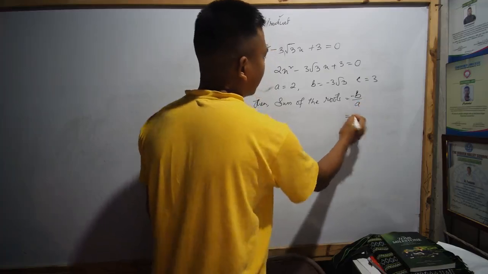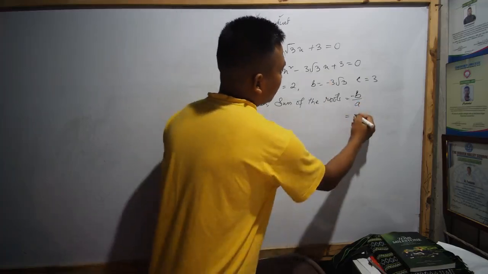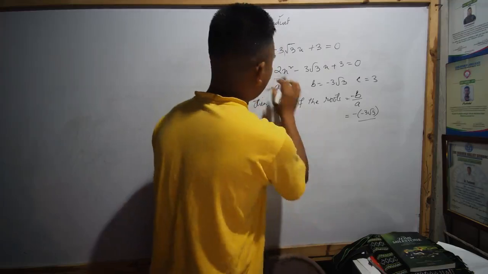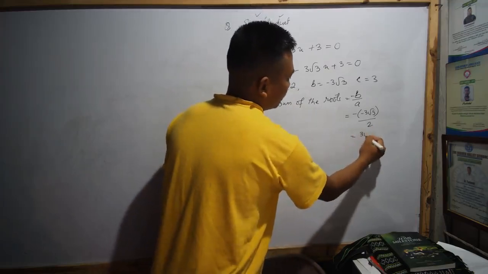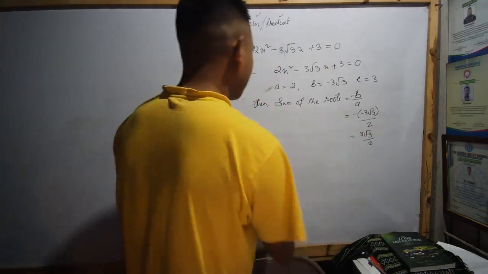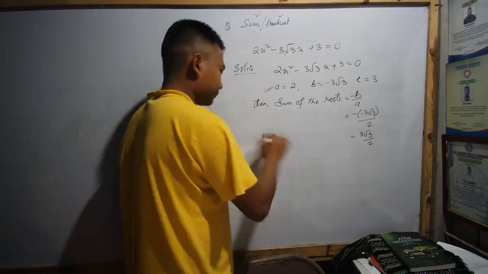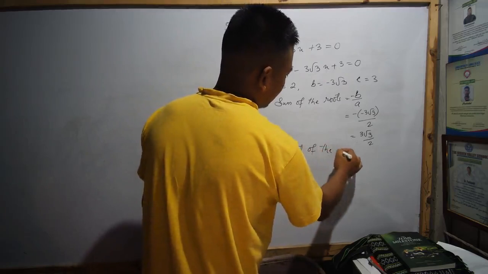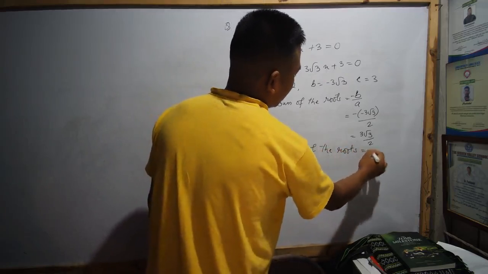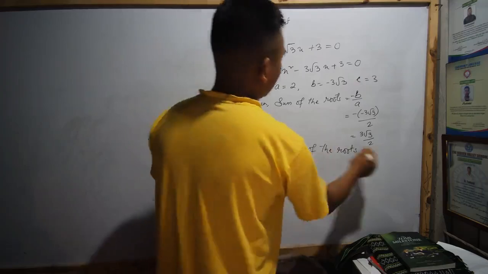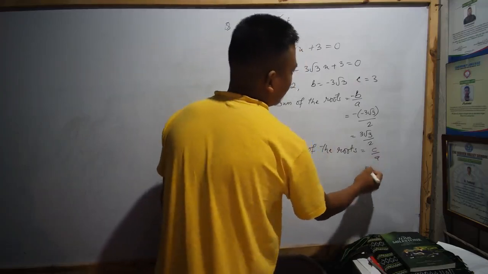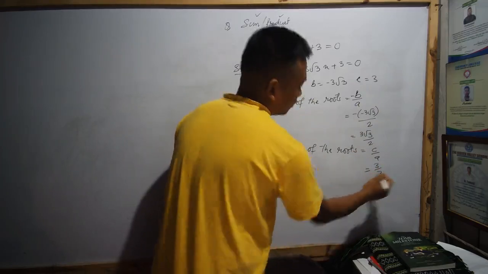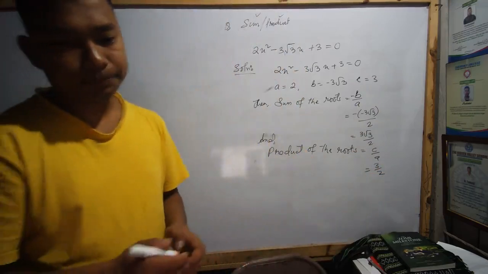Here b is minus 3 root 3, so minus of minus 3 root 3 by a, which is 2, is equal to 3 root 3 by 2. Product of the roots, the formula is c by a. Here c is 3 and a is 2, so it will be 3 by 2.